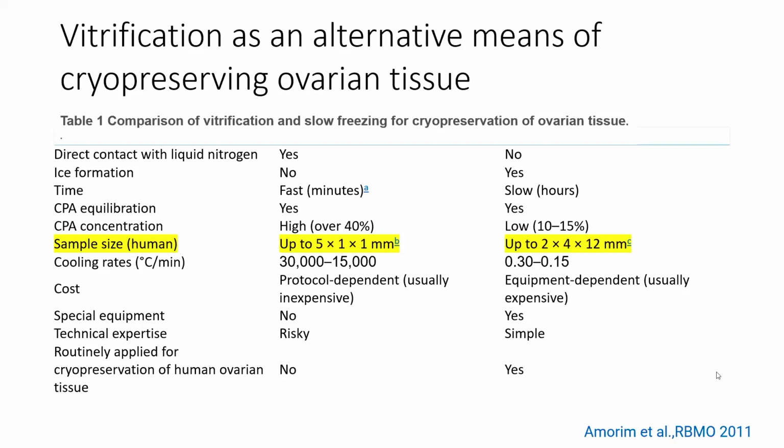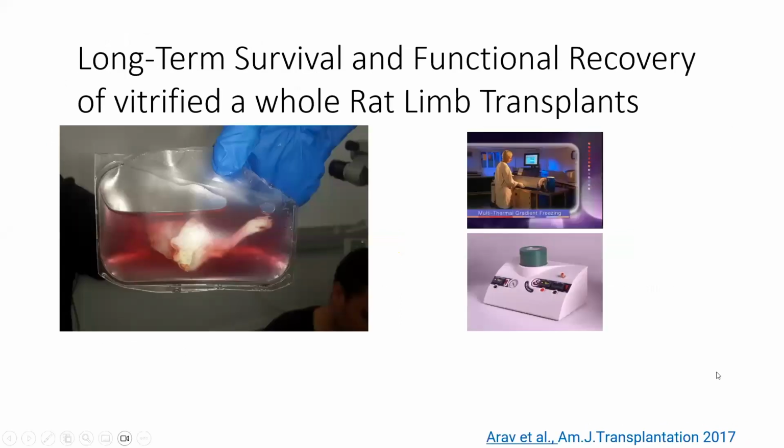So to understand what the problem with large volume might be, we used a very large model, which is the whole limb of a rat. Here it is in a bag, the posterior leg of a rat.